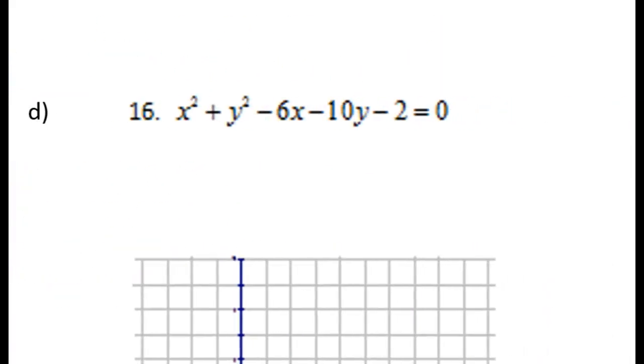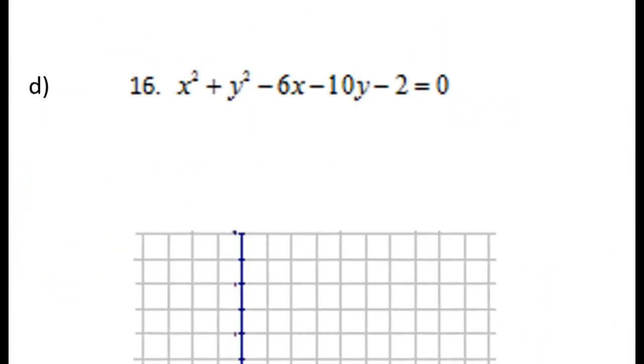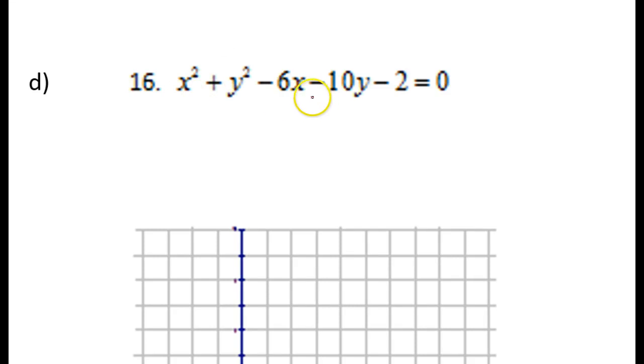Okay, I believe this is the last problem. I can tell that this is going to be a circle because both squared terms are positive and they have the same coefficient, a coefficient of 1. So that's how a circle works. We need to group together the x terms, and we need to group together the y terms.